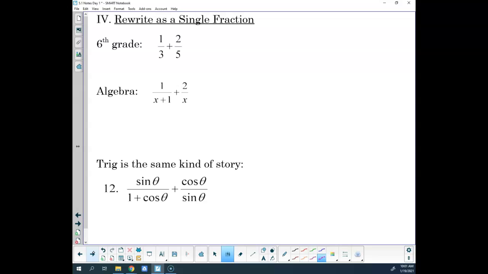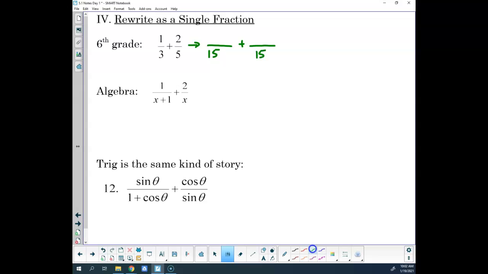Fractions are our friends. The last topic today is rewriting all this fun stuff as fractions. Way back in 6th grade, probably even before that, you found common denominators. You said, this has got to be over 15, and this has got to be over 15.